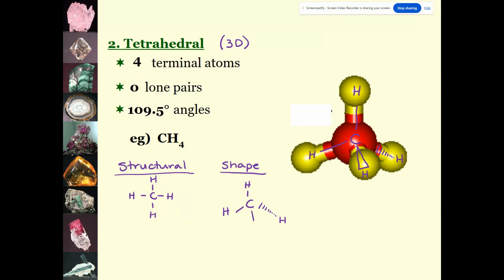Okay, now where do you need to draw the triangles? It doesn't really matter. Okay, I could instead draw it with the H here, an H here, this H going into the page, and this H coming out of the page, okay?